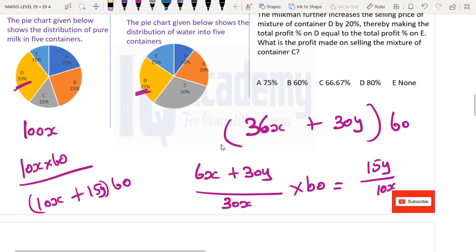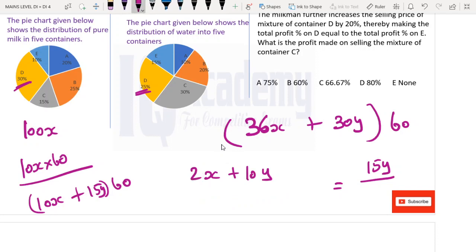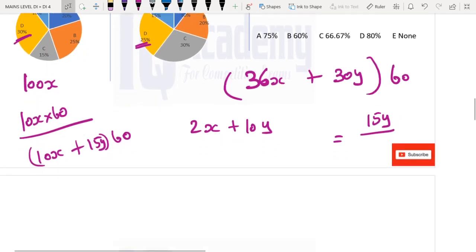We can cancel the hundreds, and cancel the x on both sides, only 3 will be remaining. This becomes 2x and this becomes 10y. So 2x equals 5y.